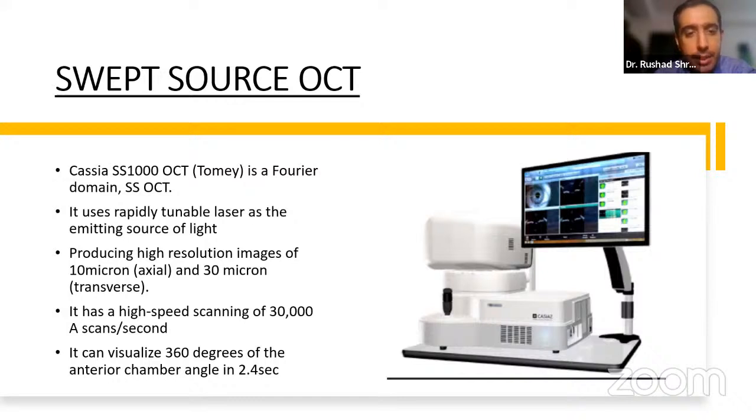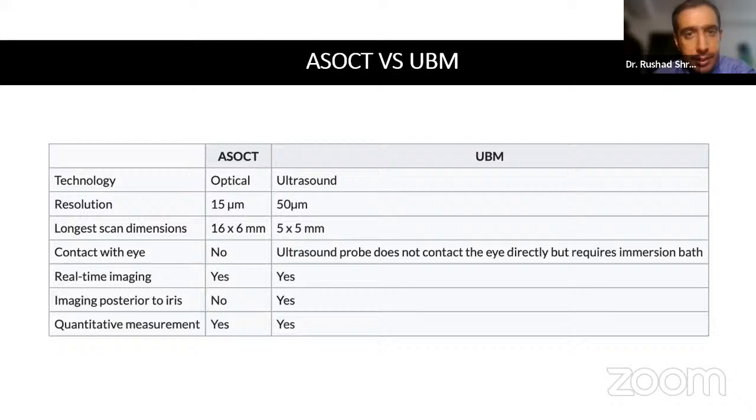It has a high scanning speed and can visualize 360 degrees of the anterior chamber angle in 2.4 seconds. So it gives a very good global picture of not only the cornea, but also the white to white, as well as the anterior chamber angle, to look at things like glaucoma or narrow angles. I'll come to examples of all this.